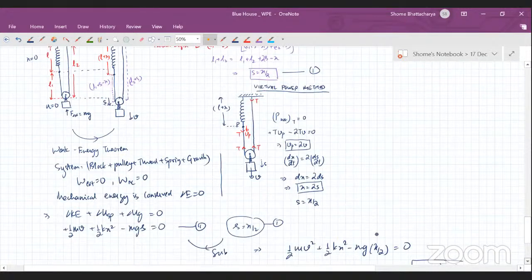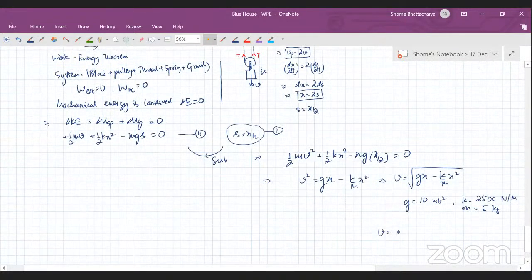Okay. So v as a function of x is square root of 10x minus 500 x square.